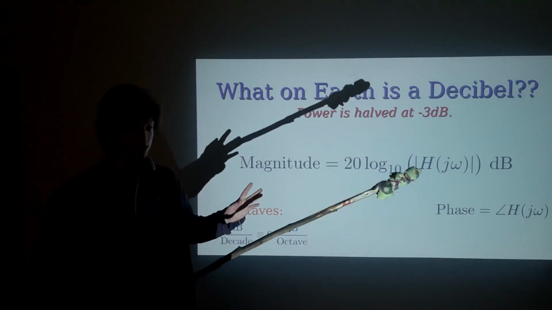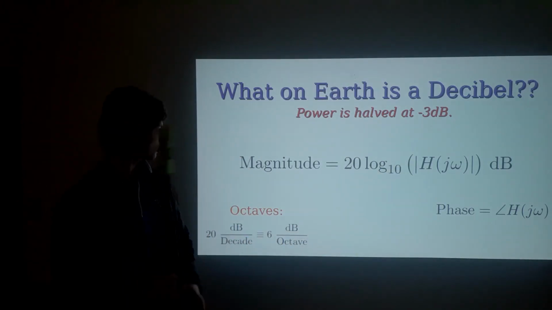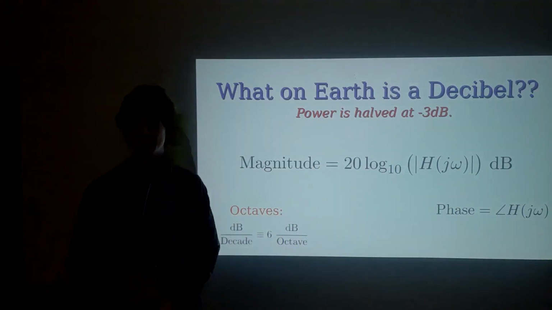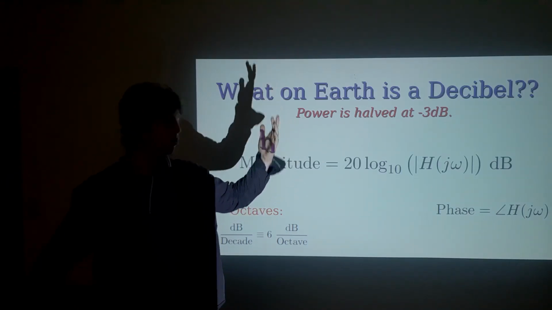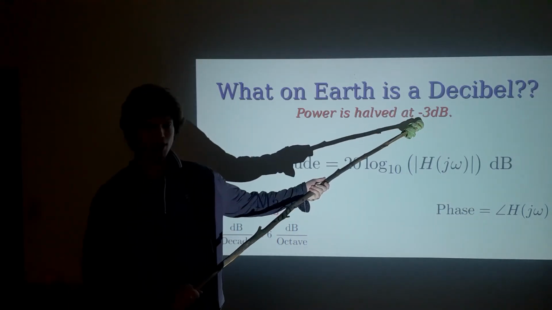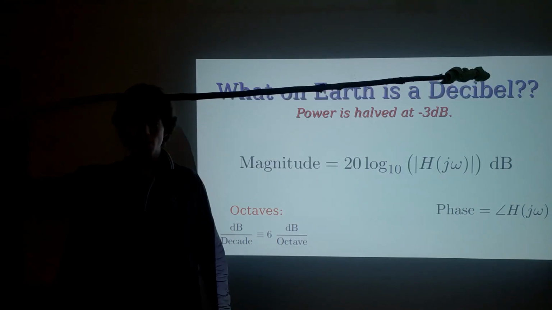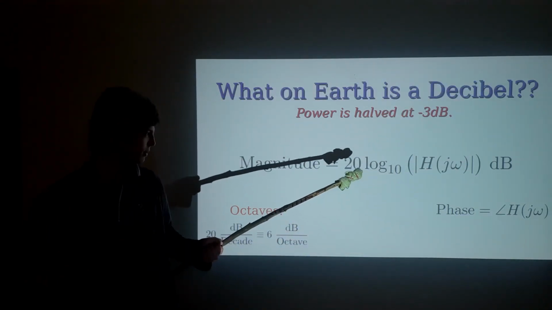Right, decibels are another thing that Rata mentioned quite a lot, because the magnitude of a transfer function is typically written in decibels. What is a decibel? Well, it's 1/10 of a bell. But more importantly, it's a logarithmic scale where power is halved when you have -3 decibels. So if you have a signal that's 20 decibels and you reduce it to 17 decibels, your output power is going to be halved.